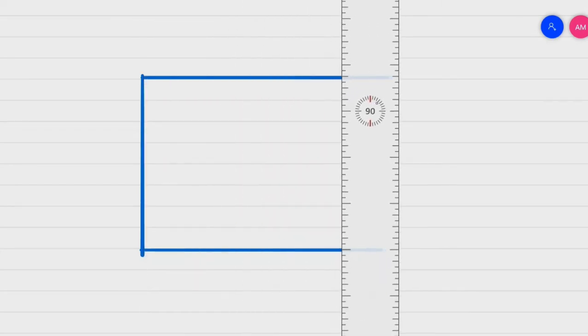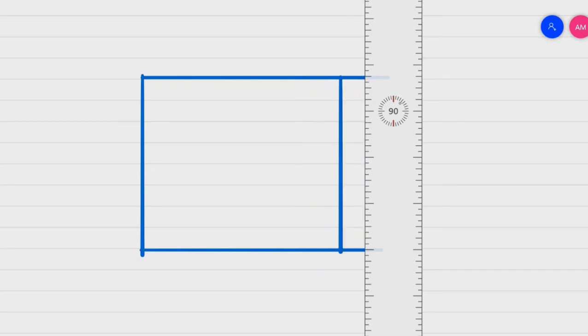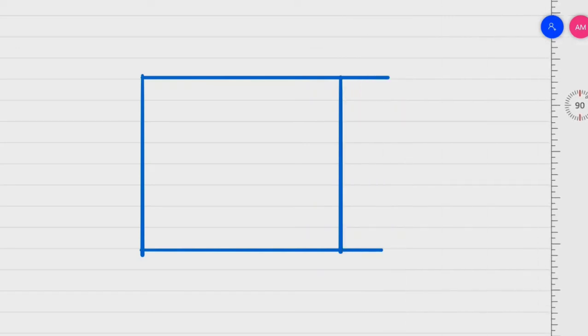So it looks like a square now. Yes, it is a square. So here we are with a square. Let us cross this unnecessary part.